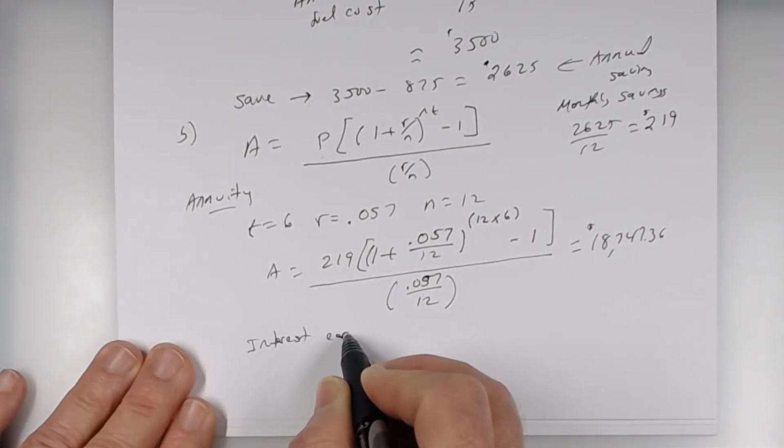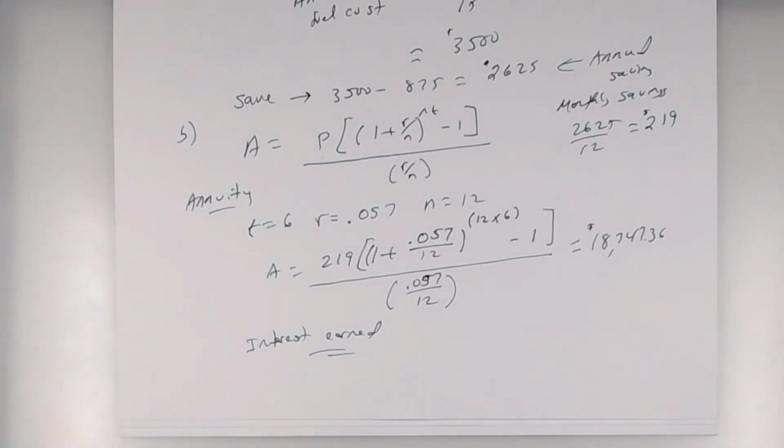Interest earned. How would you figure out how much interest you earned if you put this in an annuity? Subtract the amount invested. Okay. So what's the amount that you invest? How would you figure that out?